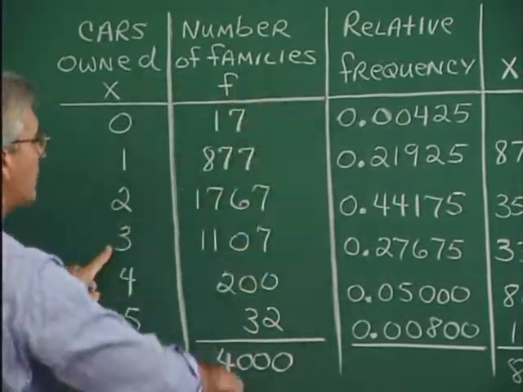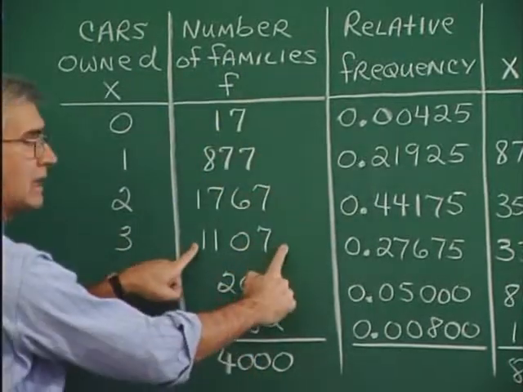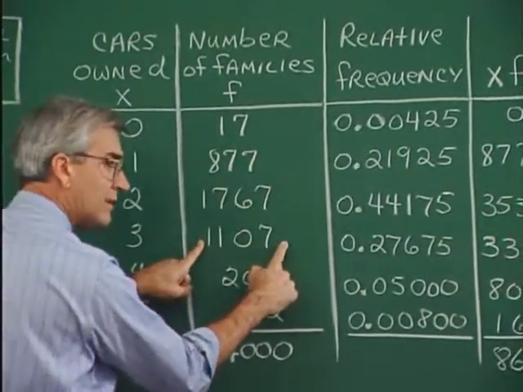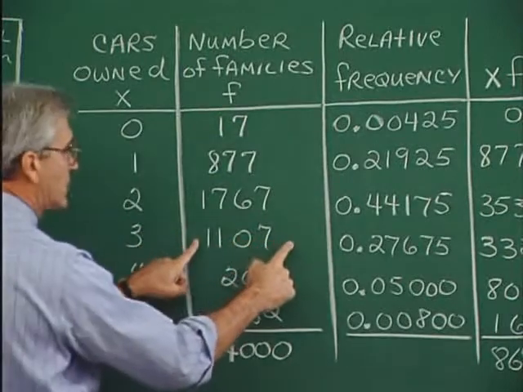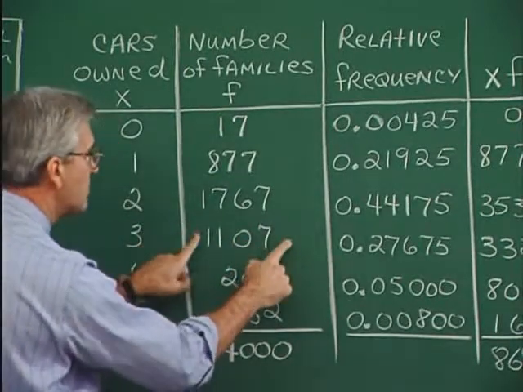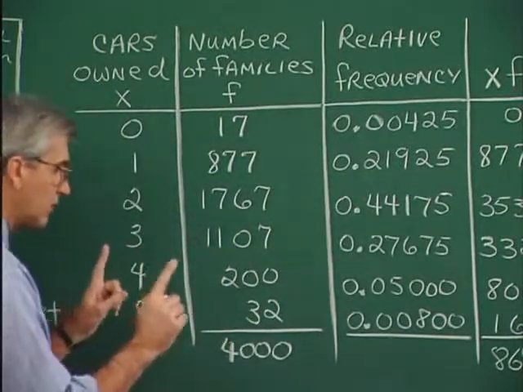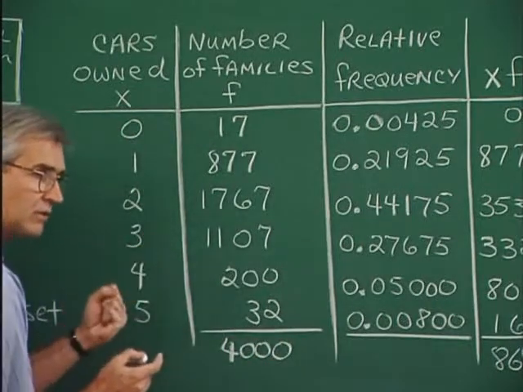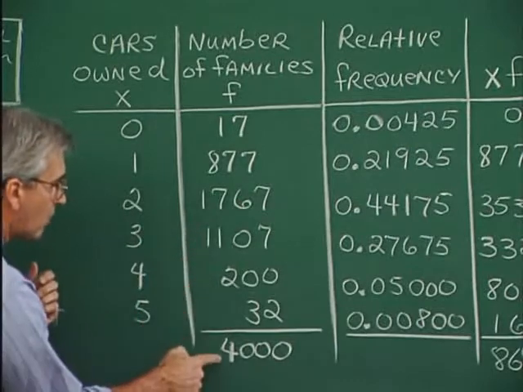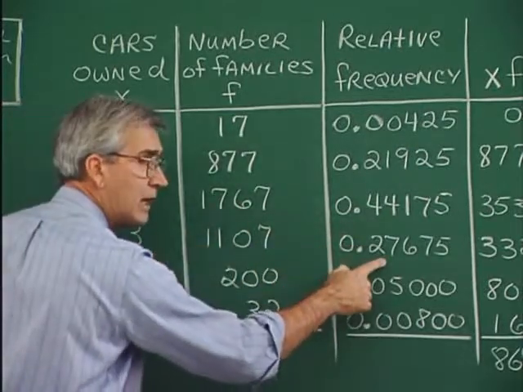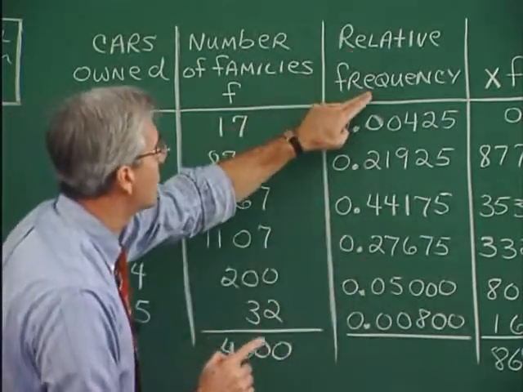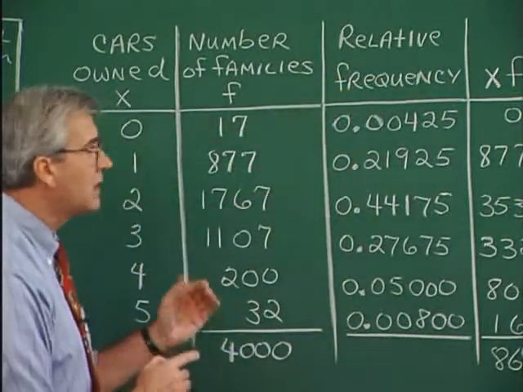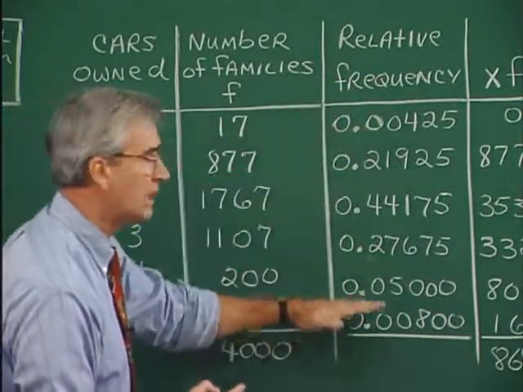Well, in all of these 4,000 families, this many of them, 1,107, own 3 automobiles. So favorable outcomes would be this many. Possible outcomes, we're going to 4,000 families to make this selection. So this number over that number, you see, would give the probability. So this relative frequency column is really just a probability column.